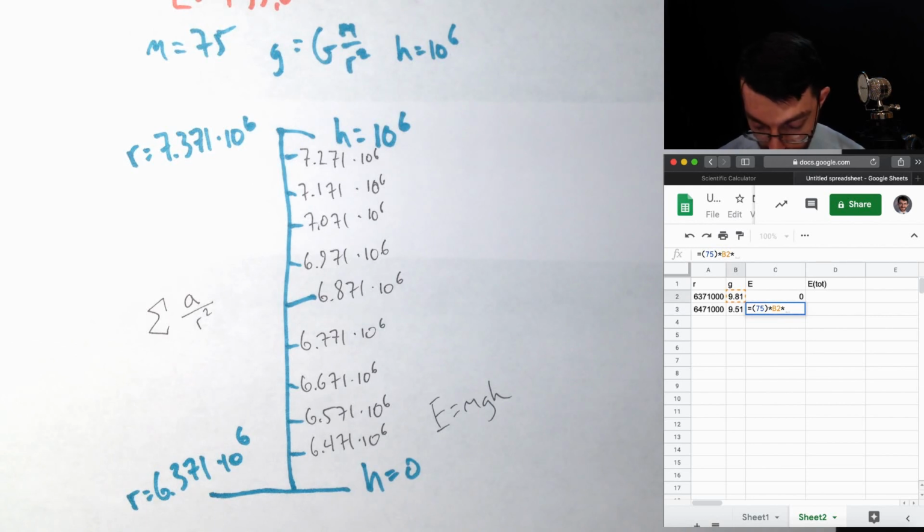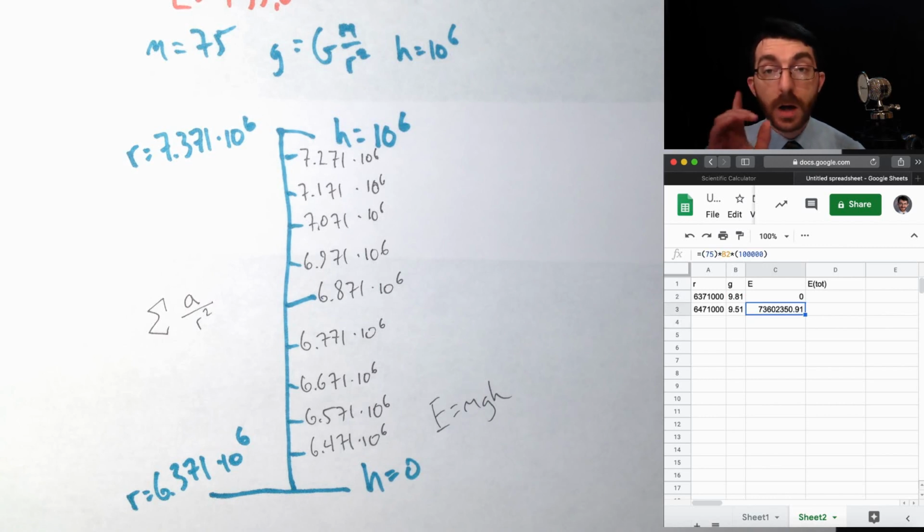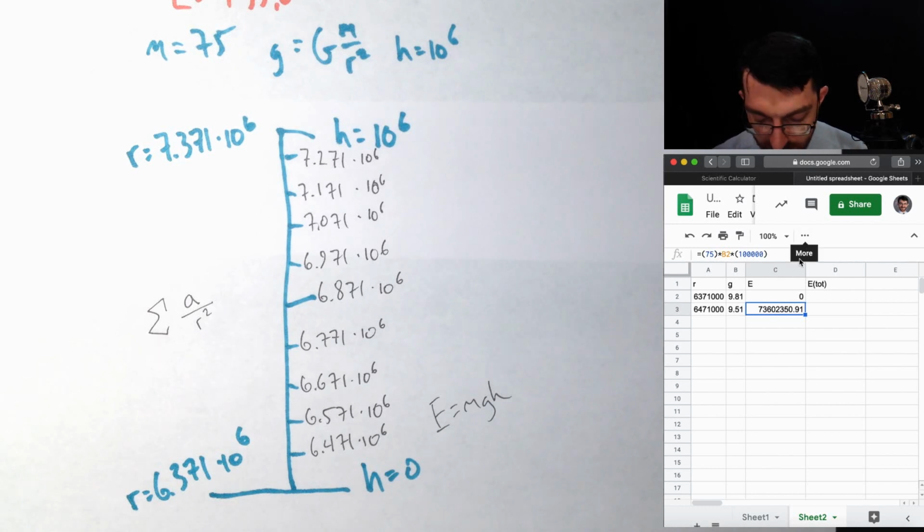Okay. So the h is going to be 100,000. Okay, now a word. Why am I using this gravity instead of that one? It's because that was the gravity when I jumped. That's all.